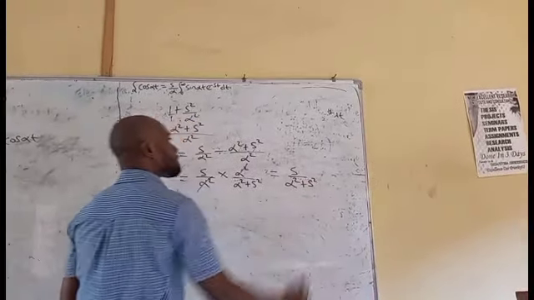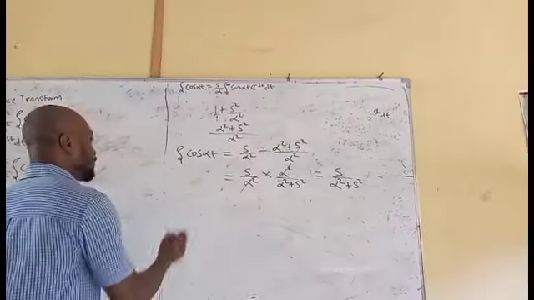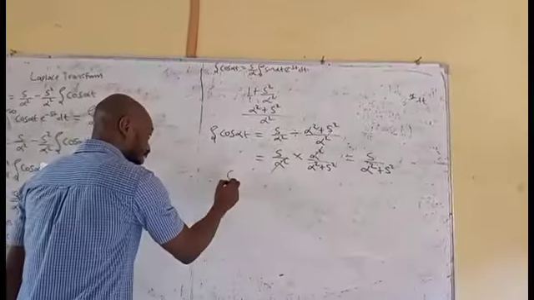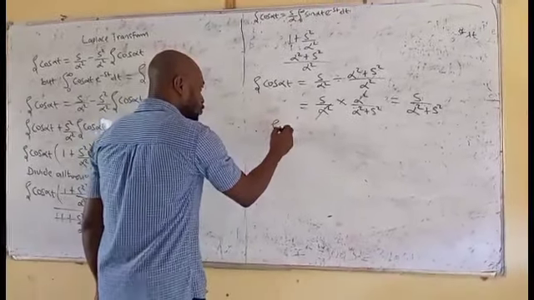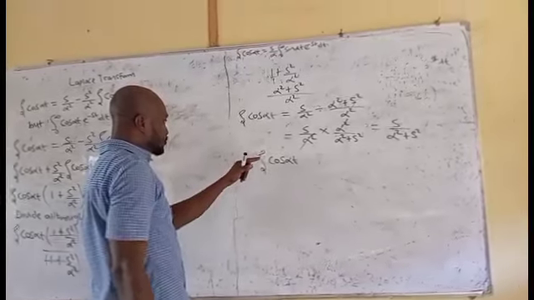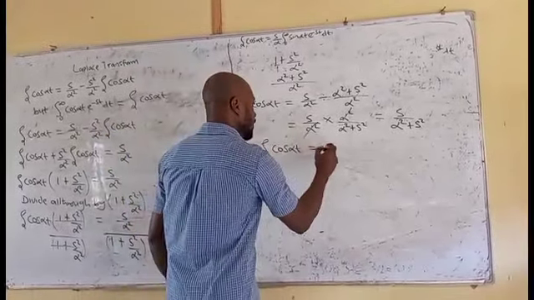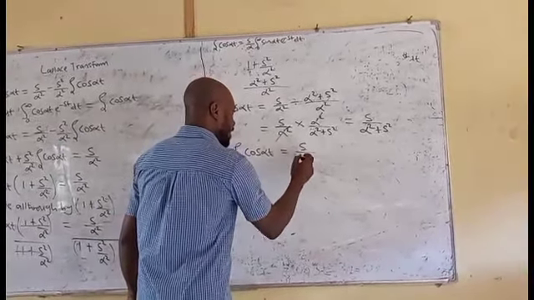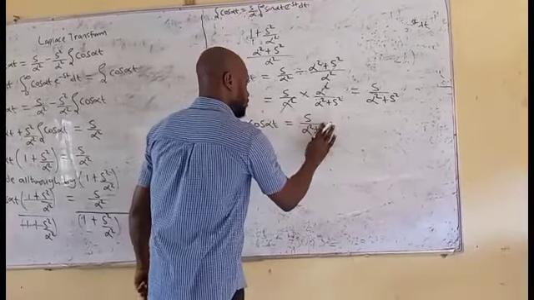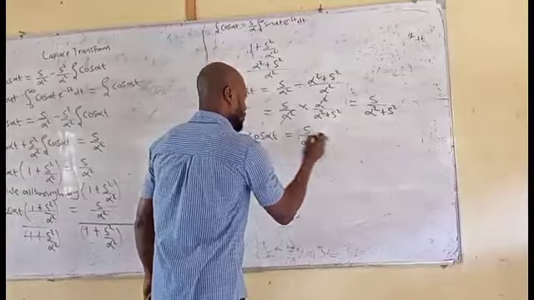You understand? So finally, you now have the formula for Laplace transformation of cos alpha t. The Laplace transformation of cos alpha t will give you s over alpha squared plus s squared.